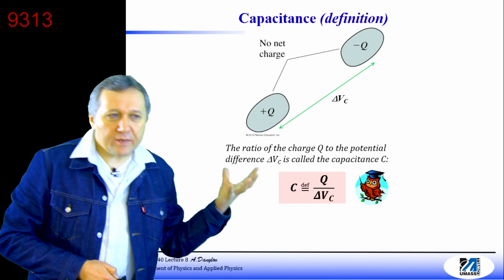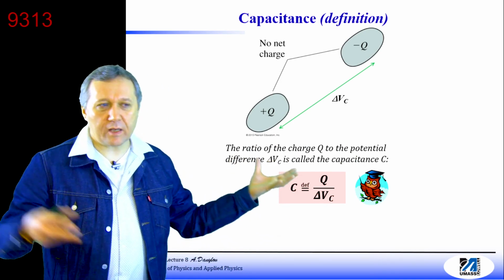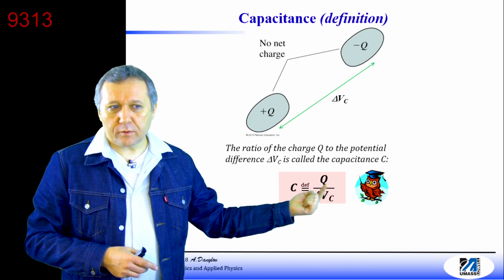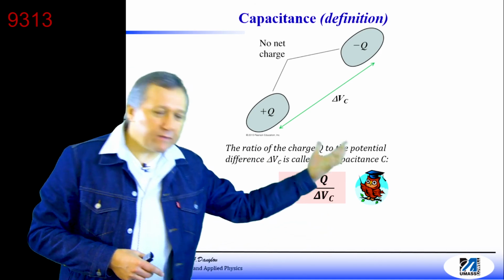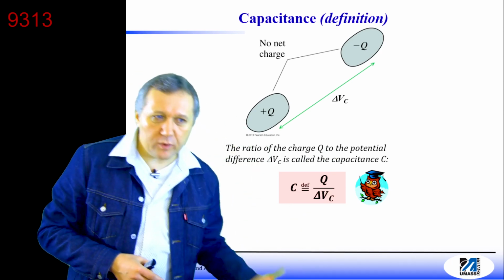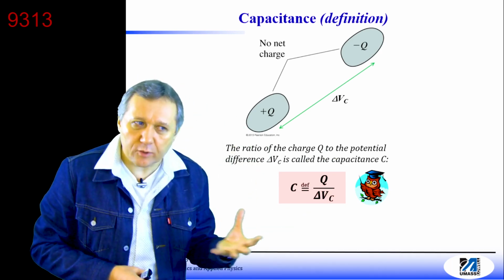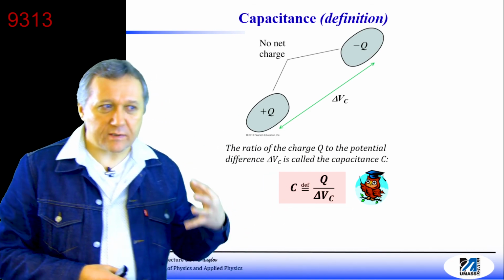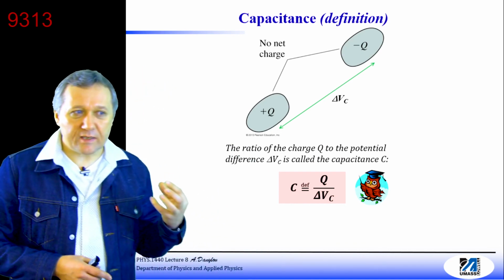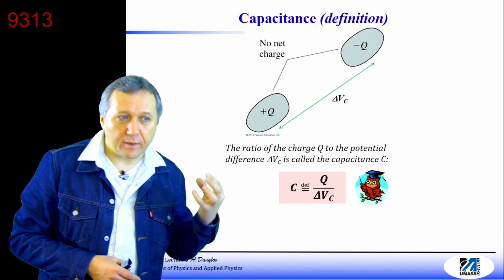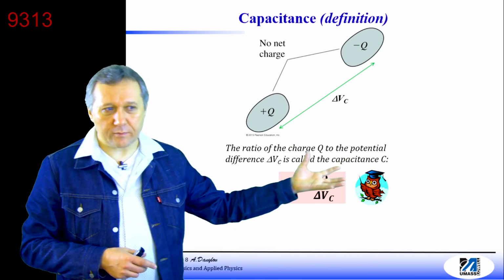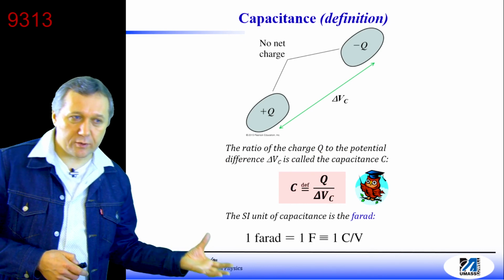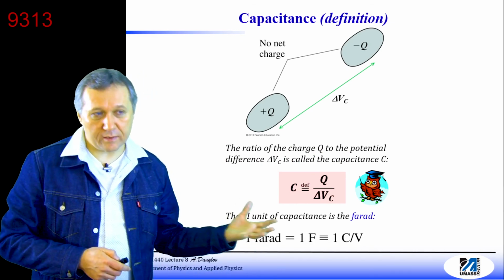And instead of pronouncing every time that I have a capacitor of, let's say, 5 coulombs per volt, 7 coulombs per volt, which can be really annoying, and in order to make the life of those people working with capacitors a little bit easier, it makes sense to introduce a special unit, the farad. So I have a 5 microfarad capacitor or a 7 microfarad capacitor, and so on.